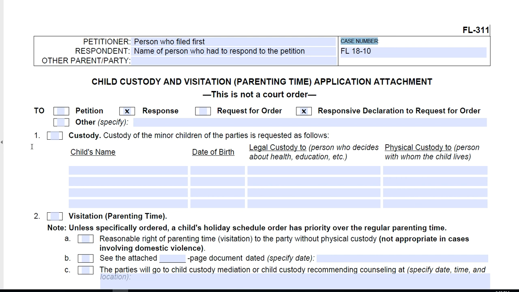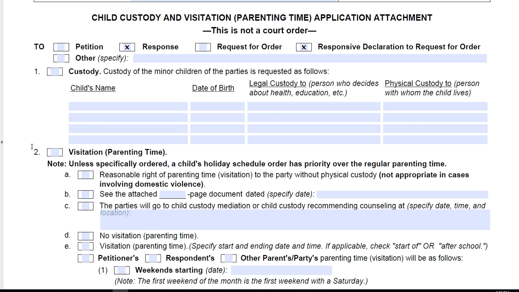Now let's go to filling out the substance of the form. The purpose of this form really is to give the parties a framework to work in for common visitation schedules as well as common issues that arise in terms of deciding and going forward with custody and visitation.